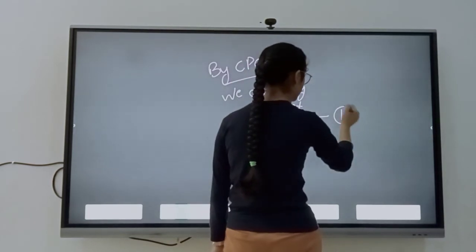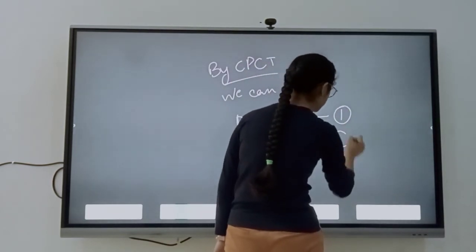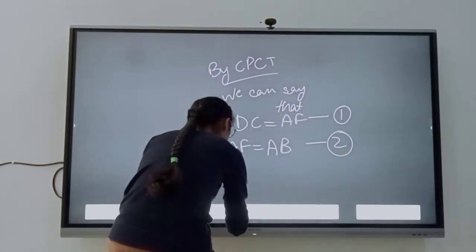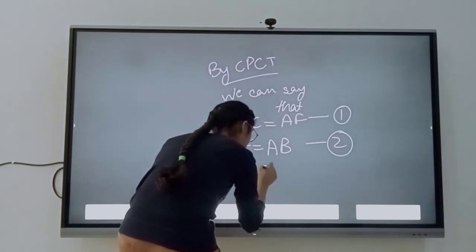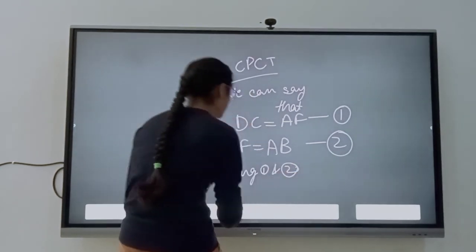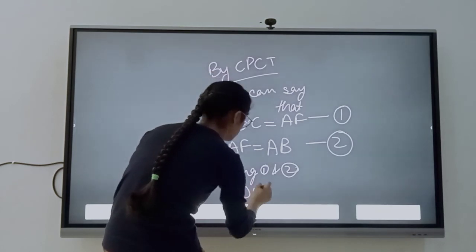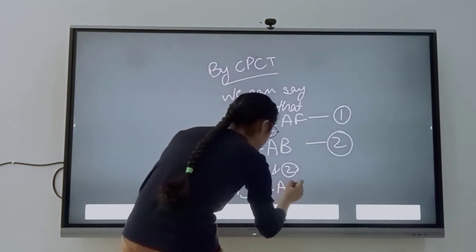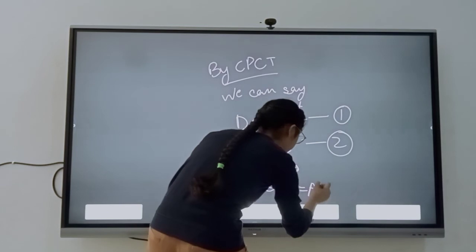So we classify this as equation 1 and this as equation 2. So using 1 and 2, we can say that DC is equal to AF, which is equal to FB.